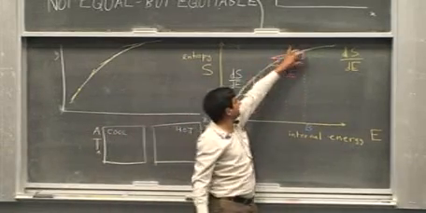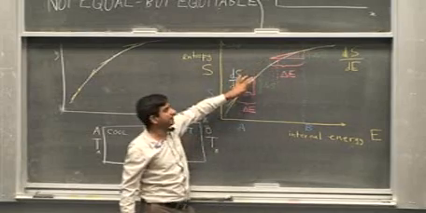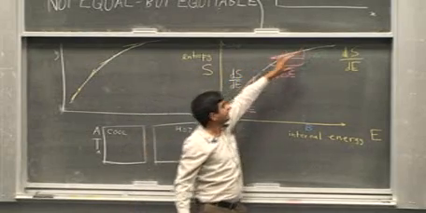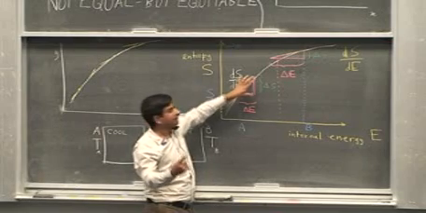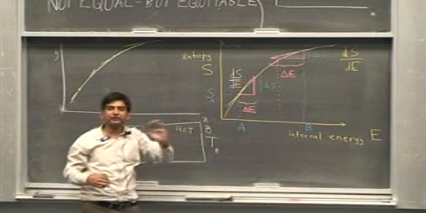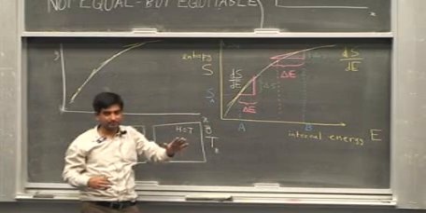This decrease in entropy is much smaller than this rise in entropy, because of the concave shape of the entropy graph.